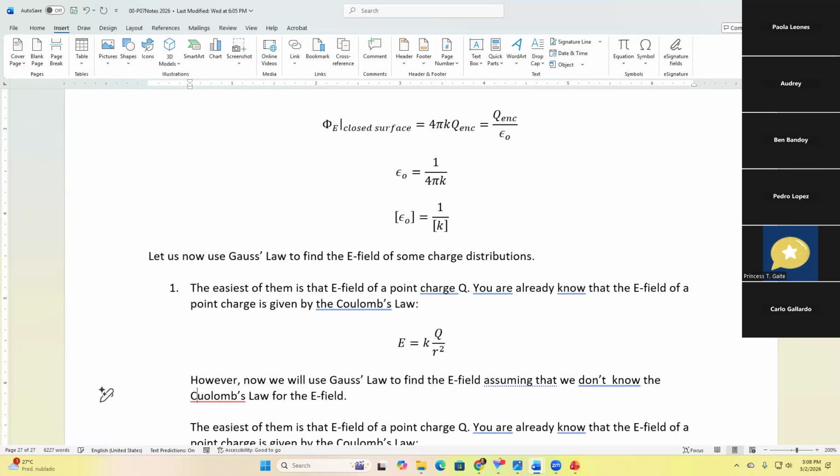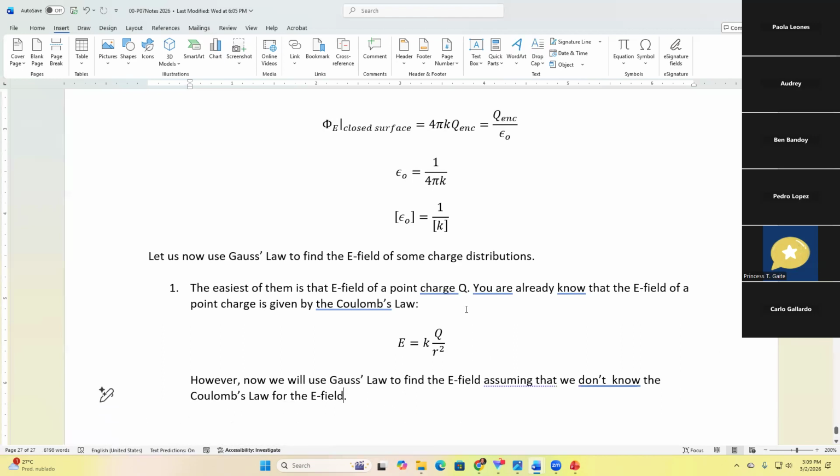We're just going to use some arguments of symmetry, okay? Just by using some arguments of symmetry. That's what we're going to do.